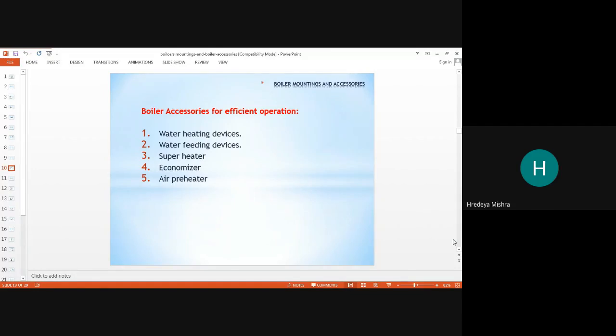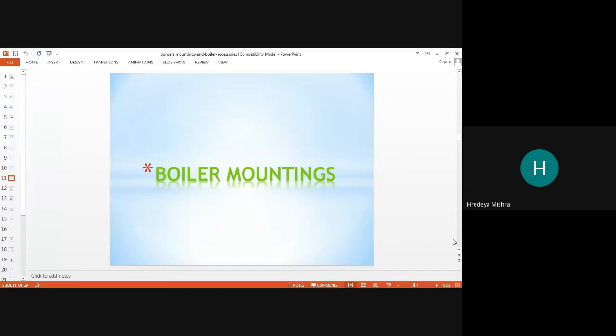Now, what are the accessories for efficiency? How do we increase the efficiency? Water heating device, water feeding device, superheater, economizer, air preheater. These are the accessories. Now we discuss one by one the different types of boiler mountings and boiler accessories.